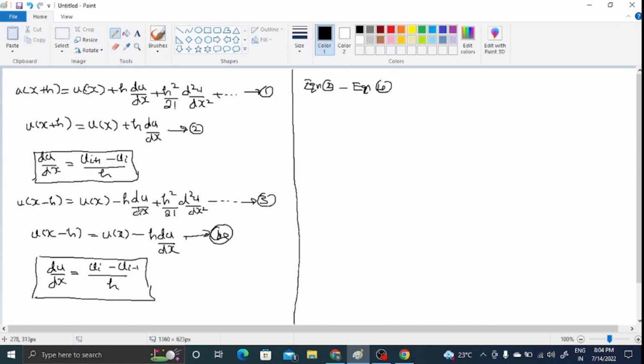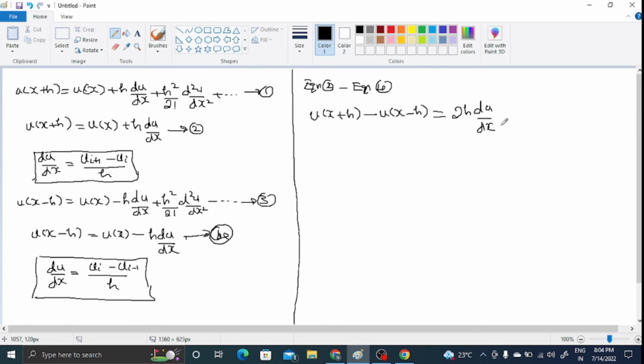So my question is, what is equation number 2 minus equation number 4? That is u of x plus h minus u of x minus h. So that is the left hand side. Now on the right hand side you can see that this u of x and this u of x are cancelled. Now what is remaining? The remaining term is 2h du by dx. Am I correct?